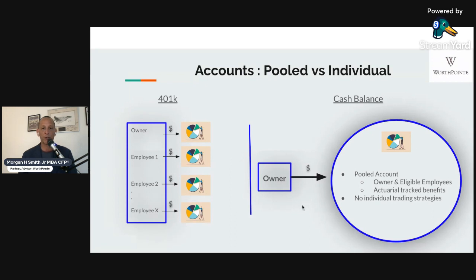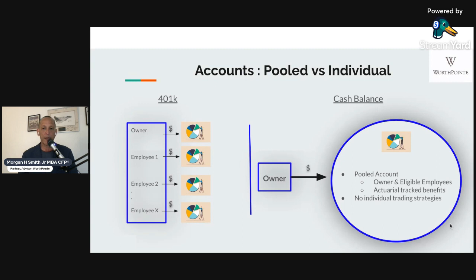Nonetheless, the owner is contributing all the money and it's going into a pooled account. Very much different than a 401k, there are no individual accounts for each employee or participant. And this pooled account that the money is being contributed to is for the business owner and all eligible employees.